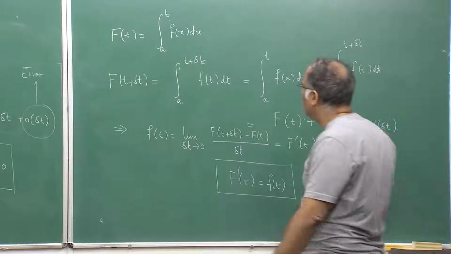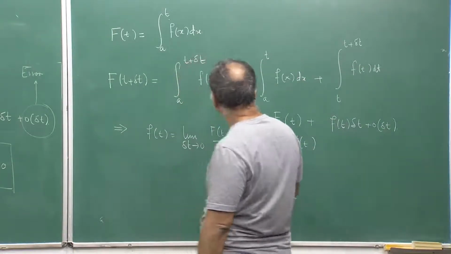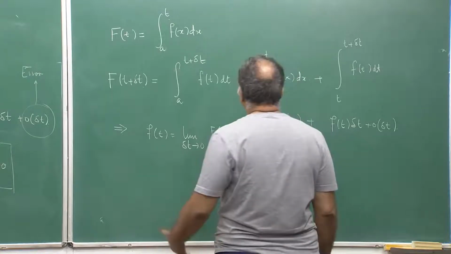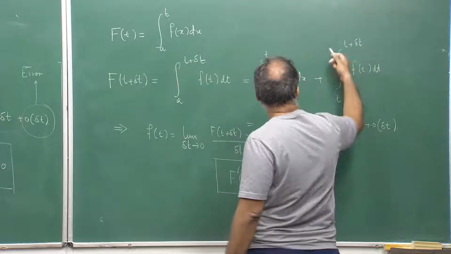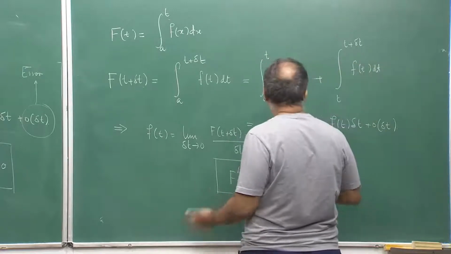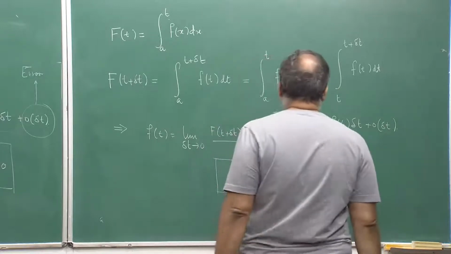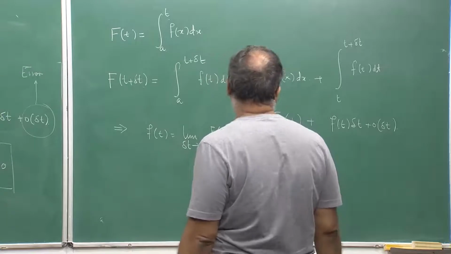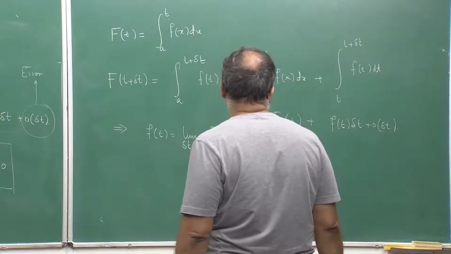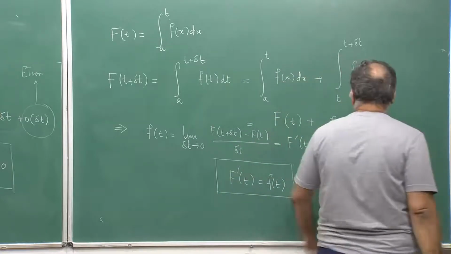Now obviously if you write f of t plus delta t, you will write it like this, and if t is any number between a and t plus delta t, or it could be a to t minus delta t, so we have to do things with the negative sign in that case.